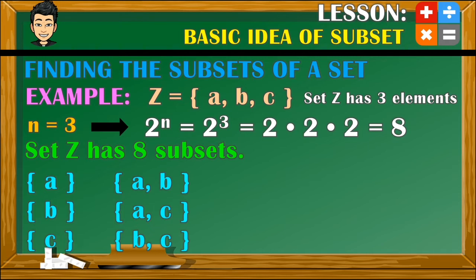Now that we have 6 subsets, we only need 2 more. By the way, when we talk about subsets, do not forget that a given set is always a subset of itself. Therefore, we can write the given set itself as a subset. Also, in any given set, this set is always included as one of its subsets.